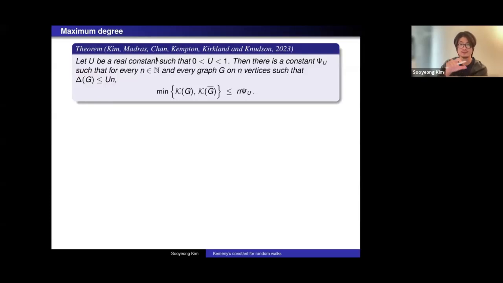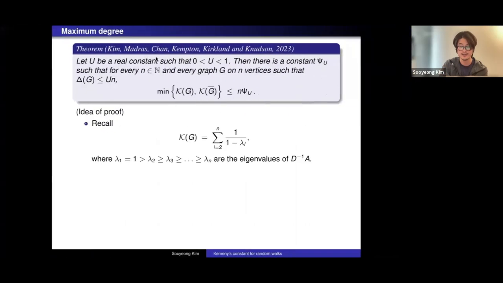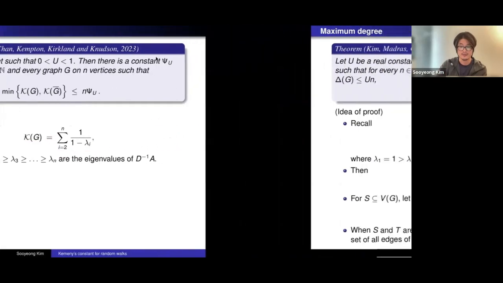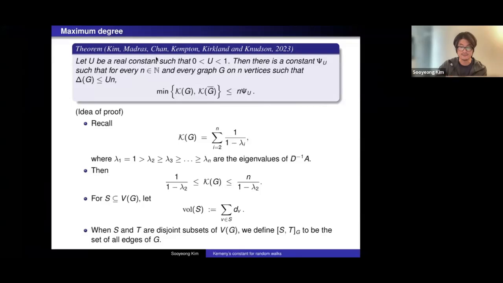So let me give you just a brief idea about this theorem. To understand the idea, we need to understand Cheeger's constant, in other words, the bottleneck ratio. So let me introduce that concept. We have seen that Kemeny's constant is expressed as this, and we are going to focus on the second largest eigenvalue.